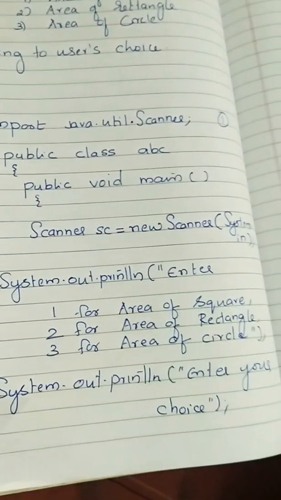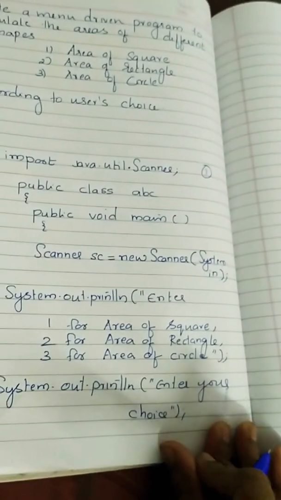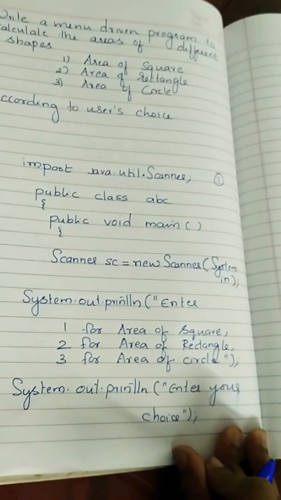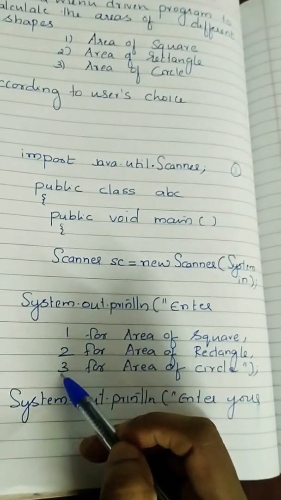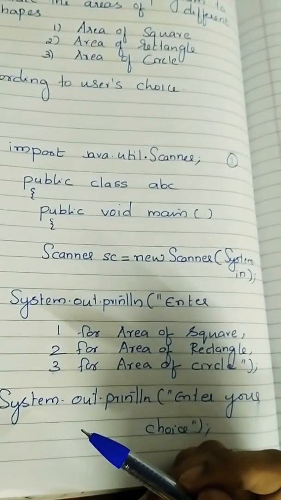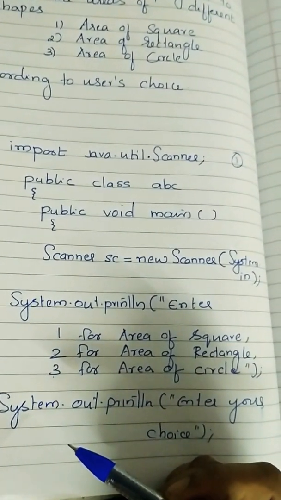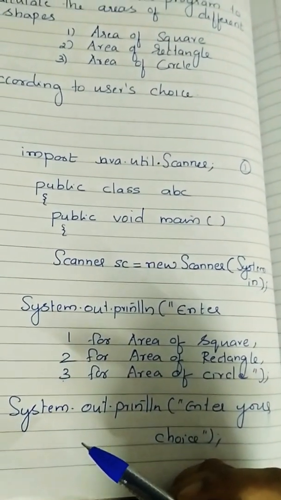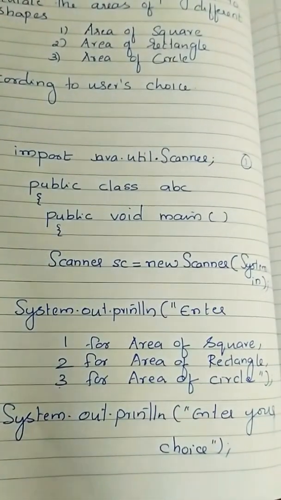So I have prompted the user to enter their choice. Now, they will enter. See, here I have mentioned 1, 2, 3. 1, 2, 3 is an integer number. Yes, so we want to get an integer number from the user. So which method is used for an integer number? We will see that.